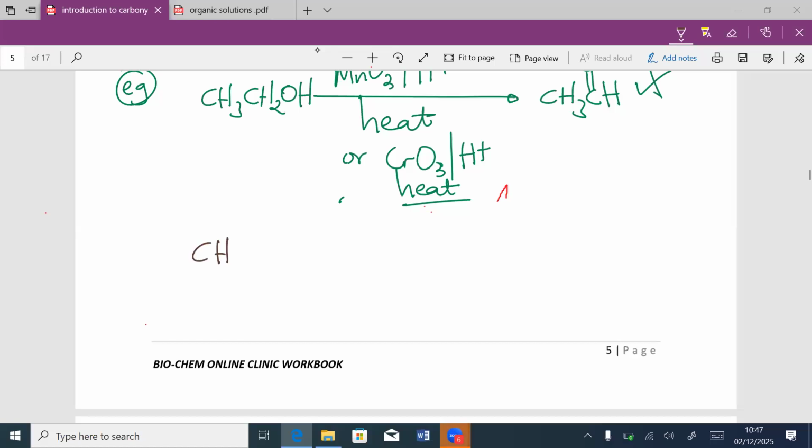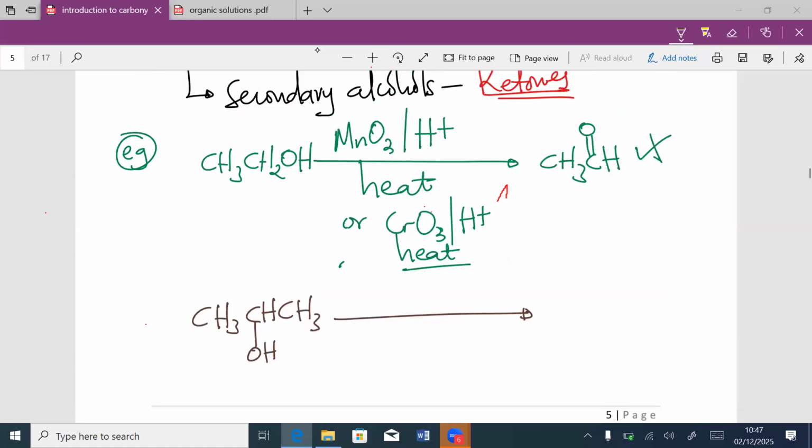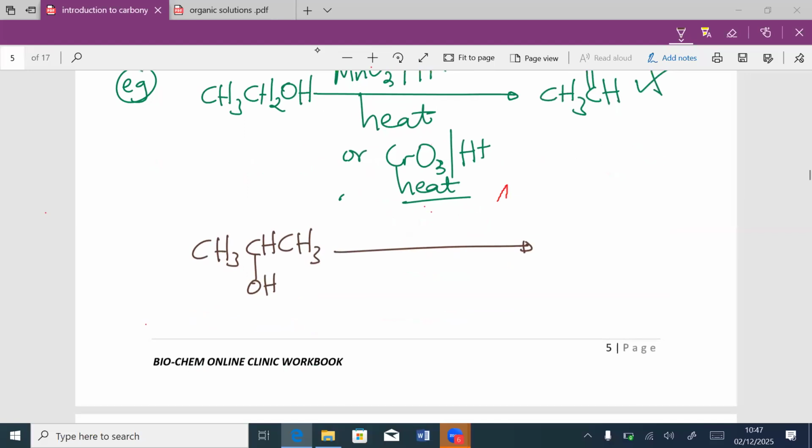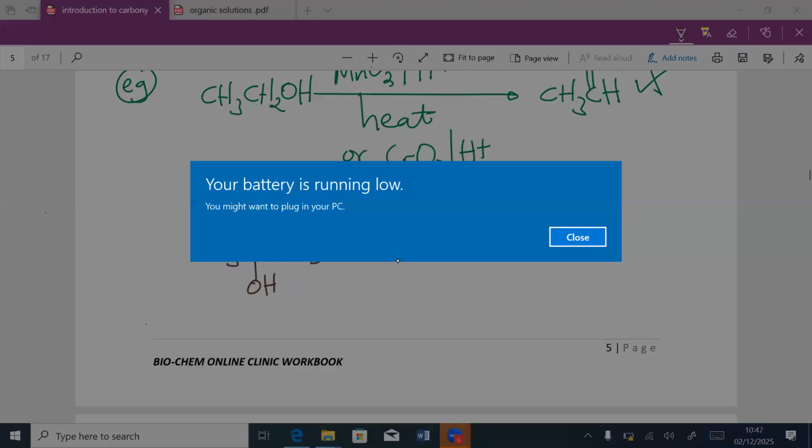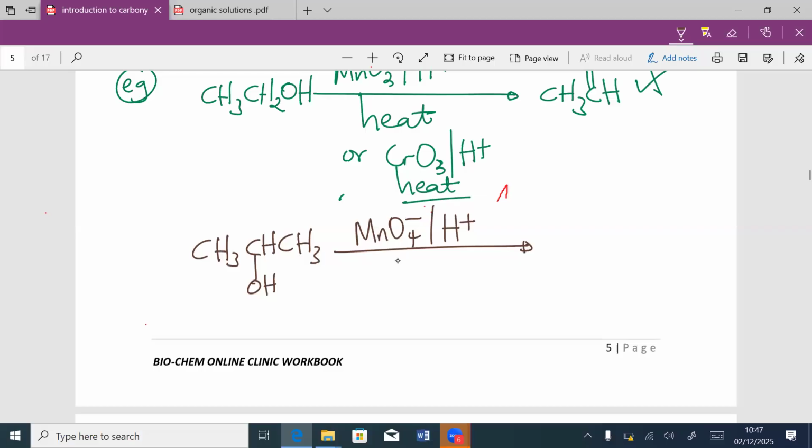For example, I'm having CH3CH(OH)CH3. So here, we can use a strong oxidizing agent, for example, potassium permanganate in the presence of an acid, then we heat. This is going to yield for us a ketone.